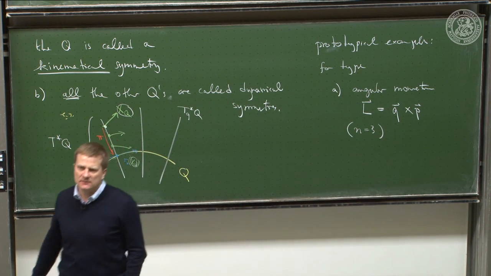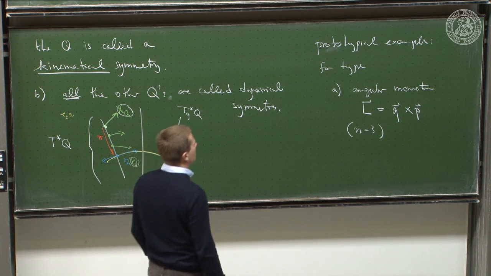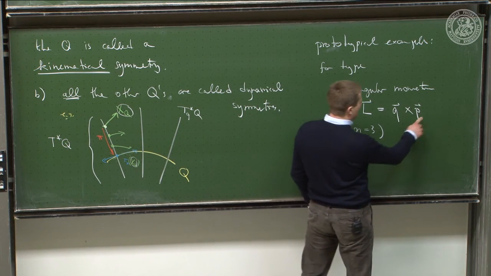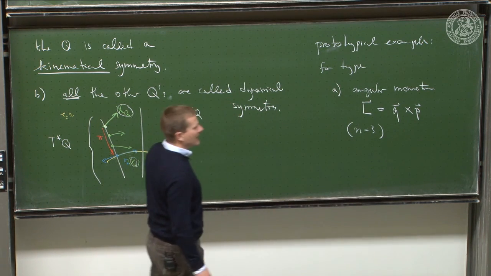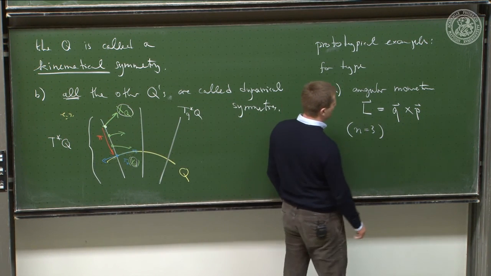This is in 3 space dimensions, so in 6-dimensional phase space, you can have this angular momentum. If you have, say, a flat metric, then that will be trivially a Killing vector field.